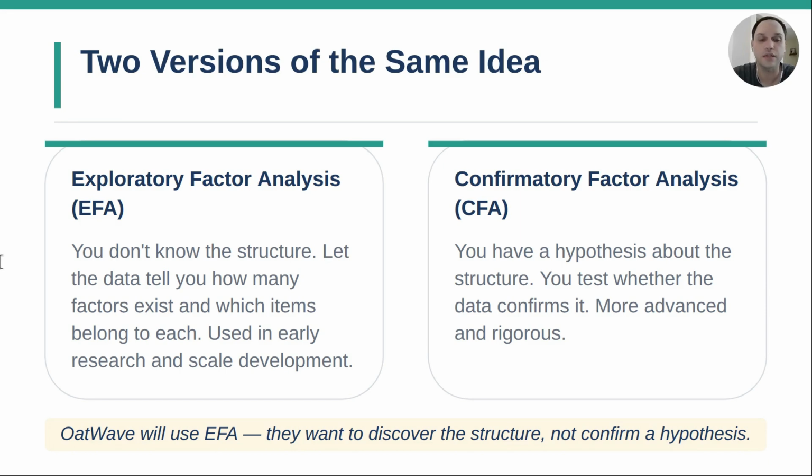Confirmatory factor analysis, CFA, is used when you already have a hypothesis about the structure and want to test whether the data confirms it. It's the validation version, and it's more technically rigorous. For most market research applications, and for Oatwave's brand battery, EFA is the right starting point. They want to discover the structure, not confirm an assumption.